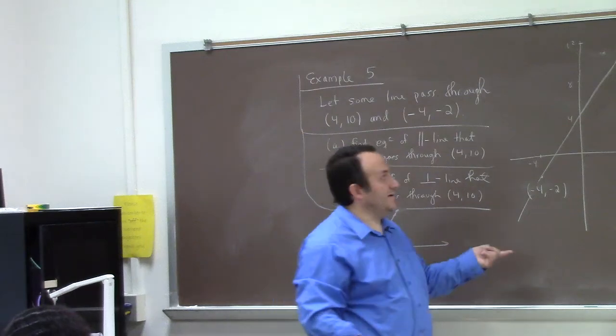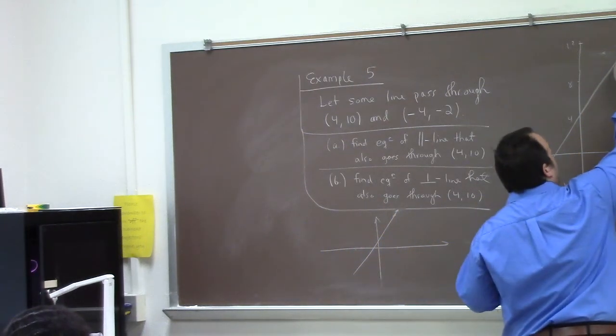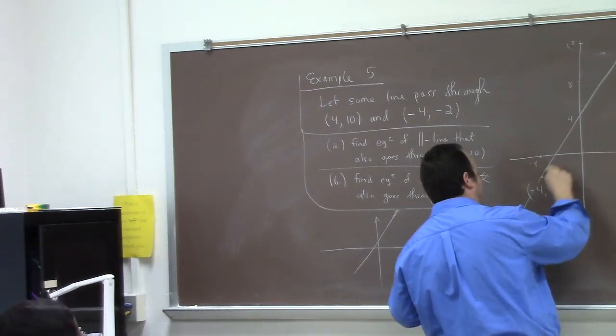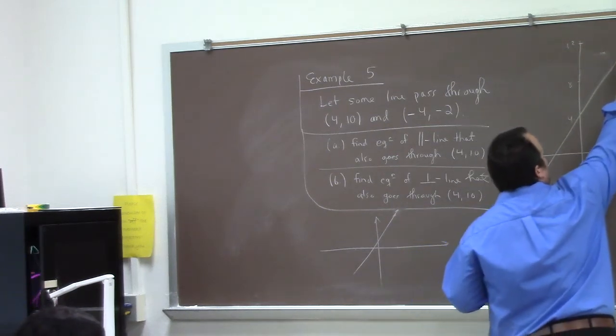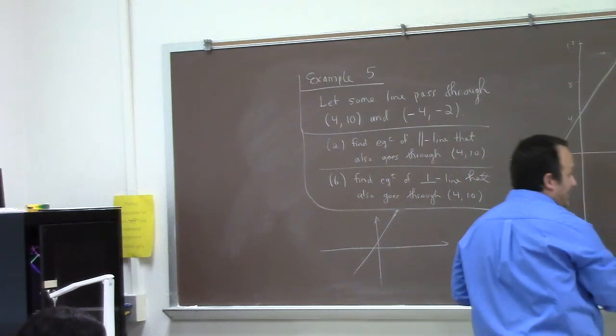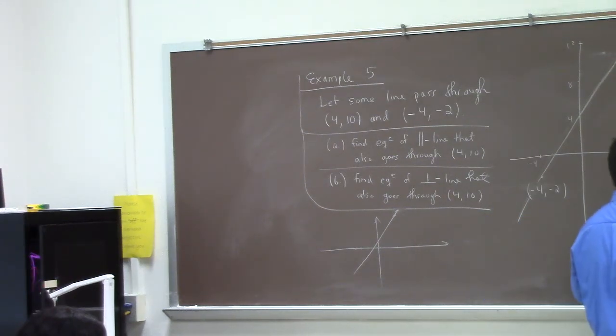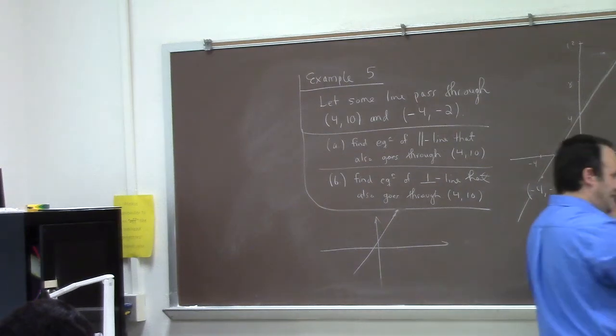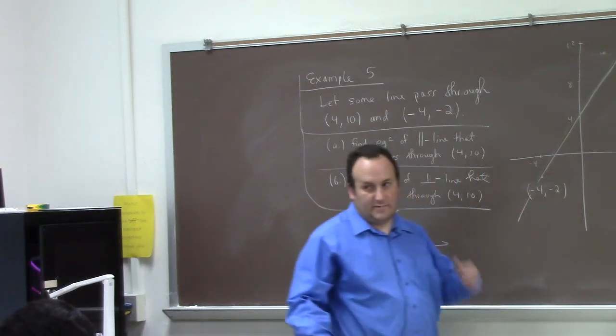If the parallel line also has this point, (4, 10), on it, what's this? Exactly, yes, it's the same line. So very, very silly indeed. But that is the equation of the line in this case.